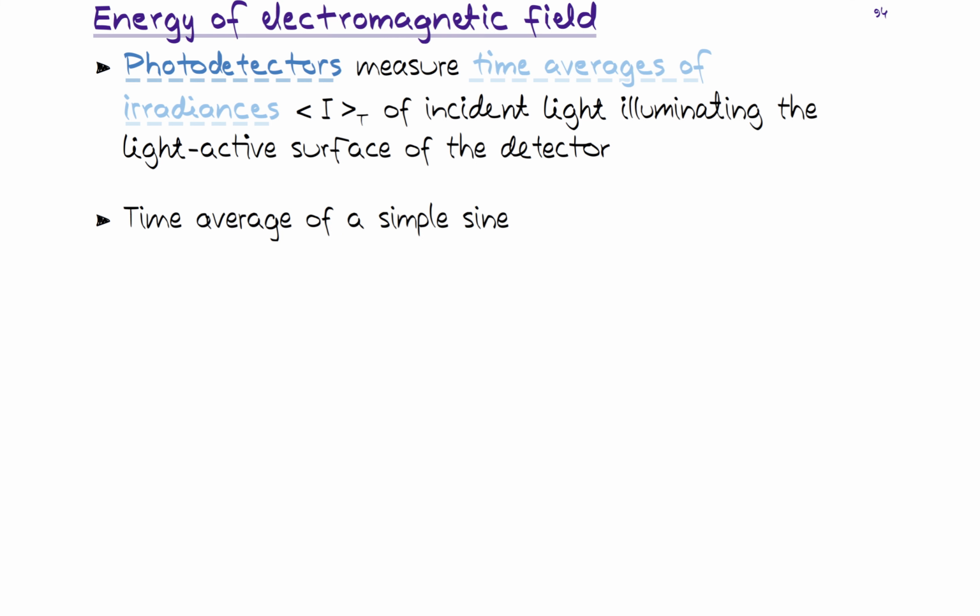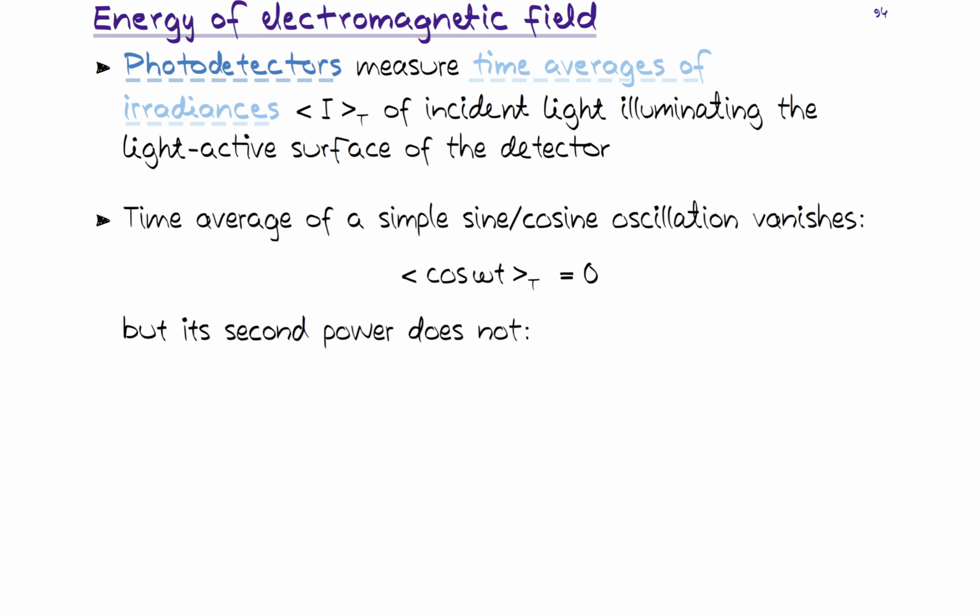If we look at the time average of a simple sine or cosine oscillation, we know that it vanishes. So the cosine omega t, if we take a time average with the T being just long enough, we know that this vanishes. And this is basically a known truth from basic mathematics associated with sines and cosines.